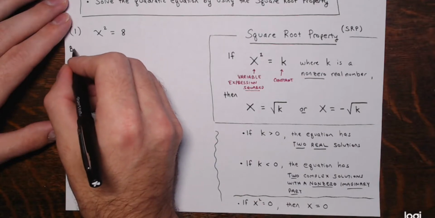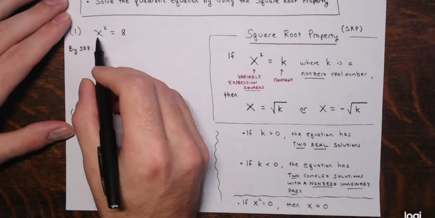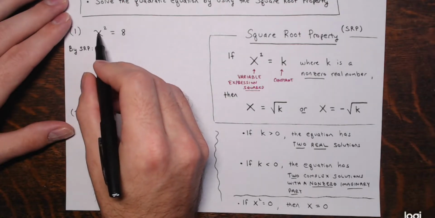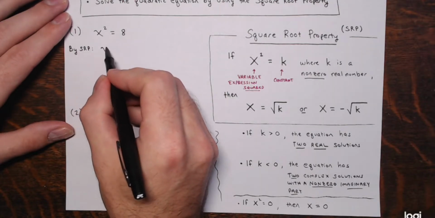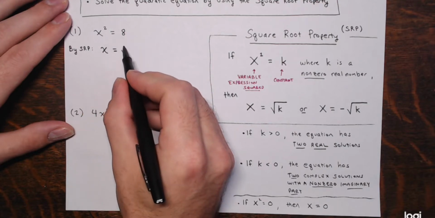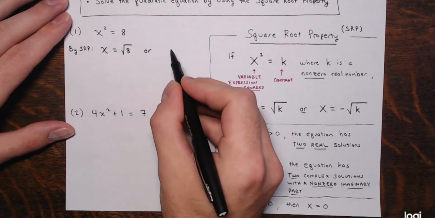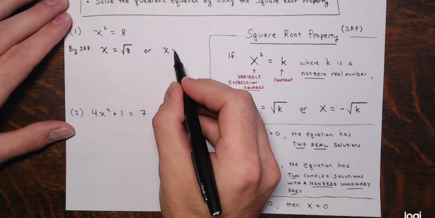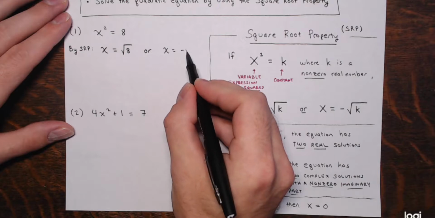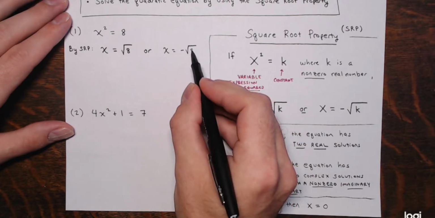So by the square root property, this expression being squared, x is either going to be the principal square root of 8, the positive square root of 8, or x is the opposite of that, negative square root of 8, because when you square a negative, you would also get positive 8.